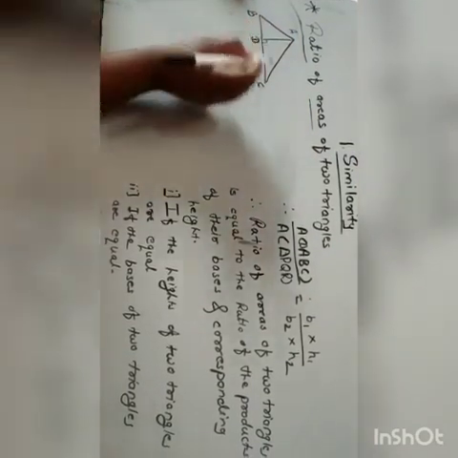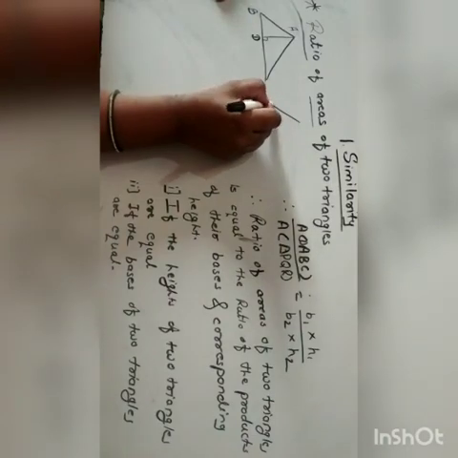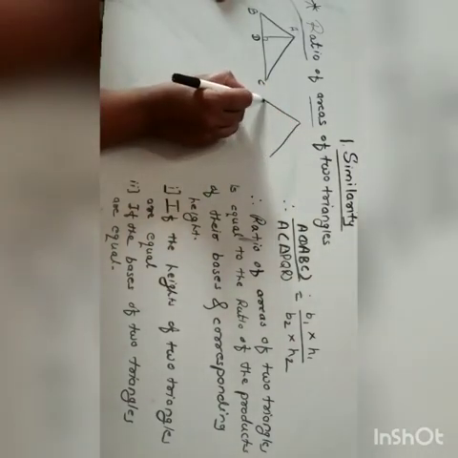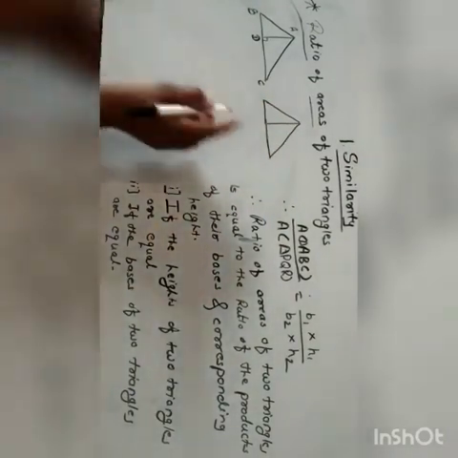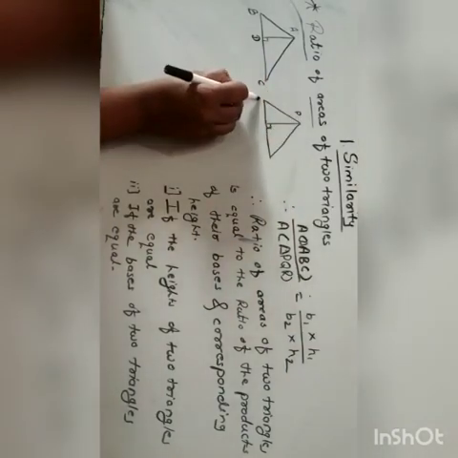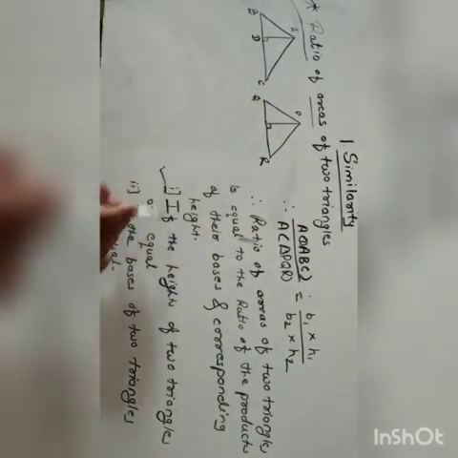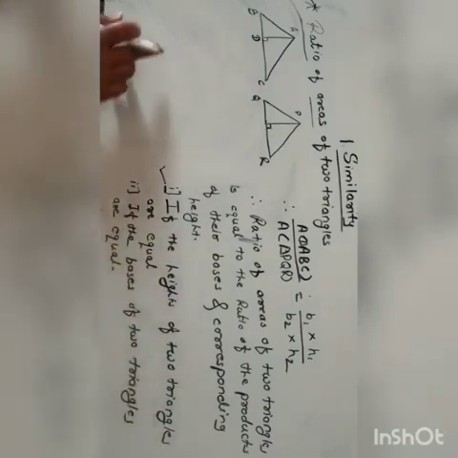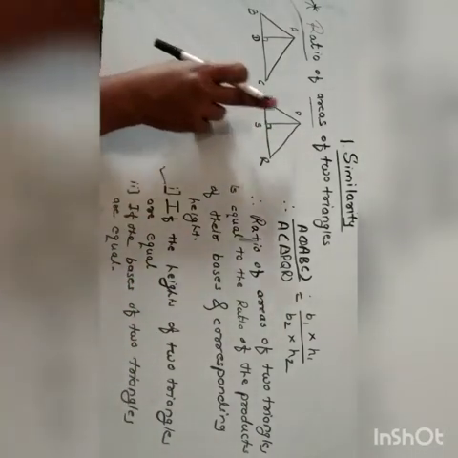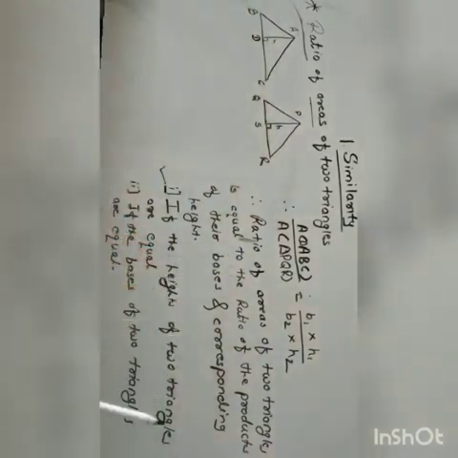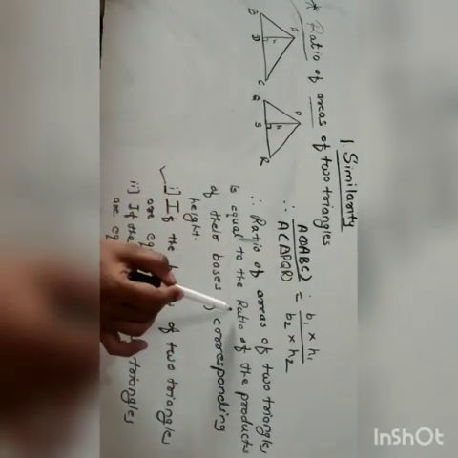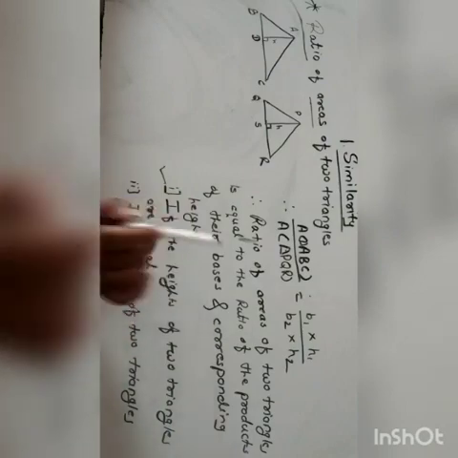Now we will take one more triangle having a different base but the same height. In triangle PQR, PS is the height, and both measures are the same, and we will call it H. Just now we saw that the ratio of areas of two triangles is equal to the ratio of the products of their bases and corresponding heights.